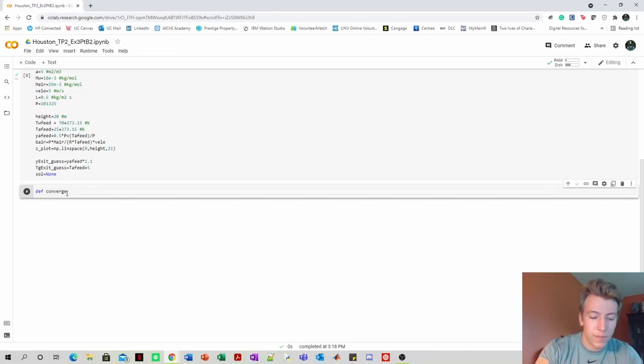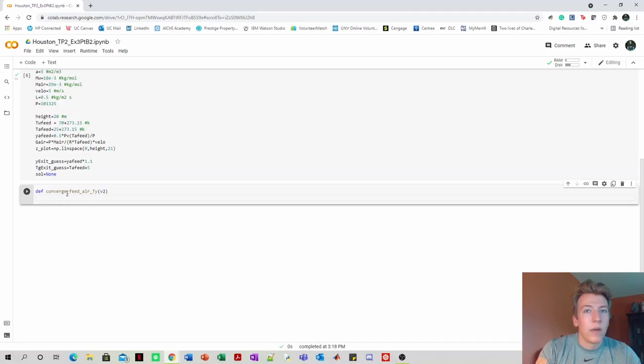So converge_feed_of_the_air_of_that TY, and what we want to do here is evaluate it at the outer scope. So it would normally be just V, but we're going to call it V2 in this case. So V2.